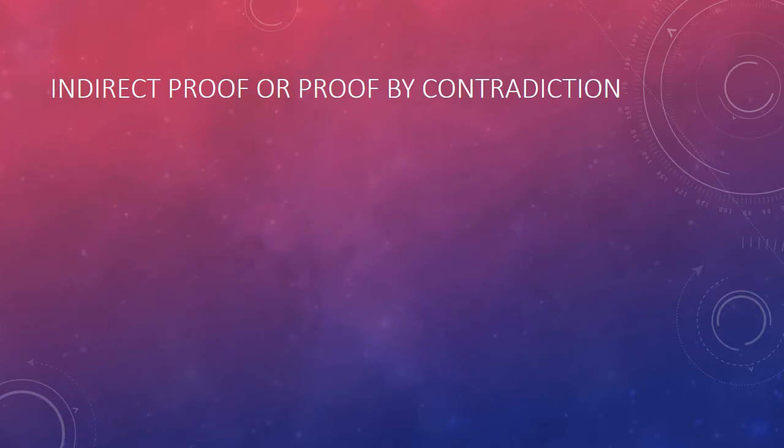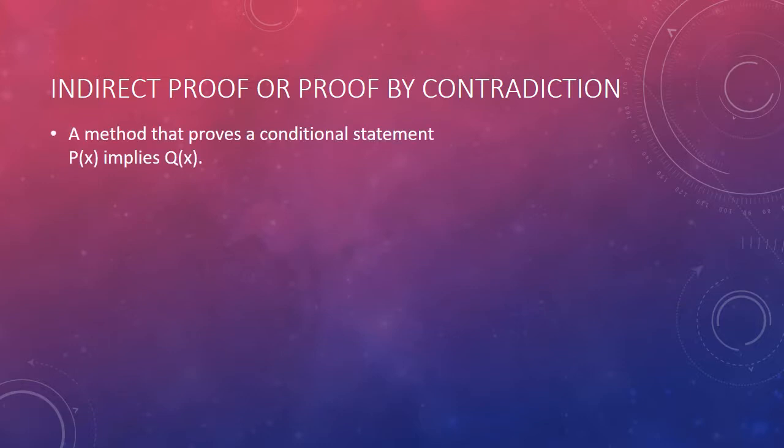The last type of proof method that I want to talk about is the idea of an indirect proof, or a proof by contradiction. This proof method is a little bit trickier to understand why it works, but still, it's a method that proves a conditional statement of the form P of x implies Q of x.